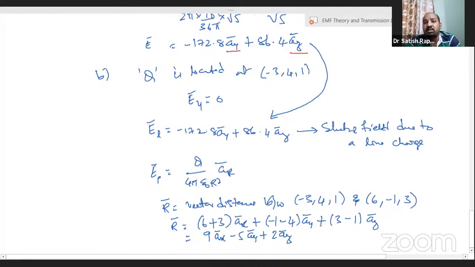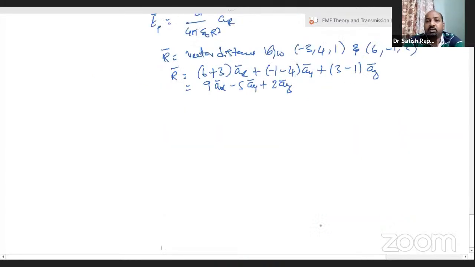So this is R bar, the vector distance between those two points.